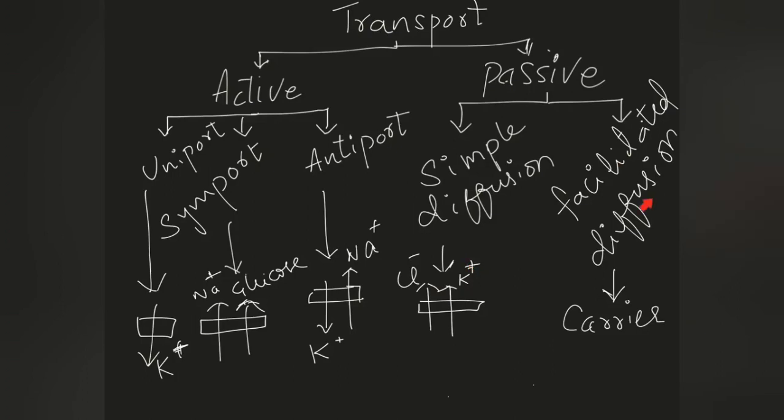Whereas in facilitated diffusion, the movement is from higher to lower concentration, but it allows not only lipophilic components, it also allows hydrophilic components and other larger molecules. Even though it is towards the concentration gradient, the membrane does not allow them due to its higher lipophilicity, so for their transport it requires a carrier molecule.